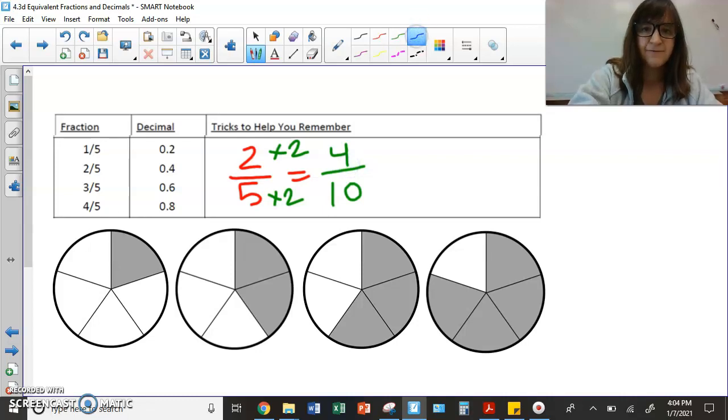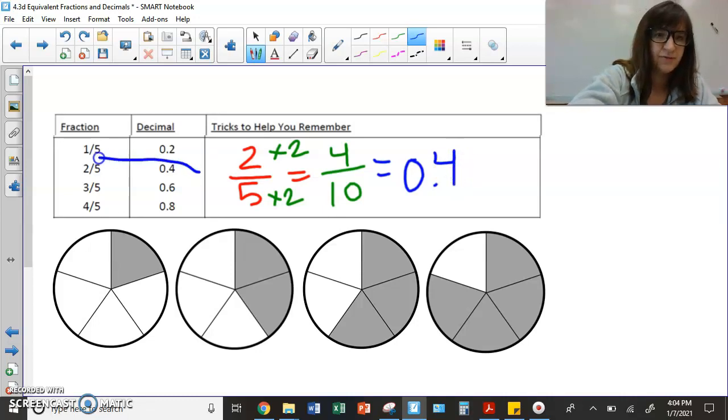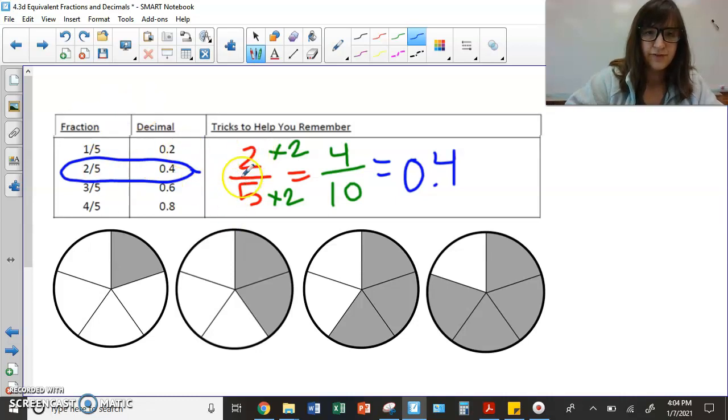So that means 4/10 is equal to 0.4. That's why 4/10 is equal to 2/5. So you have 2/5 is equal to 4/10 as a decimal, 0.4.